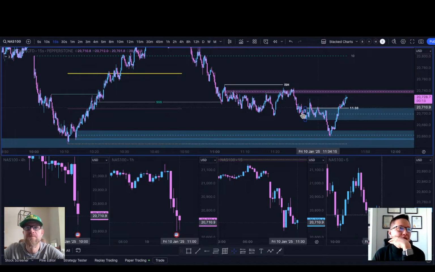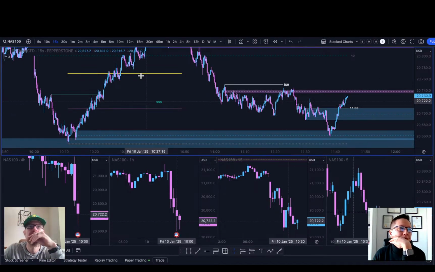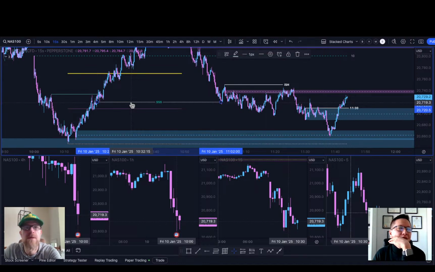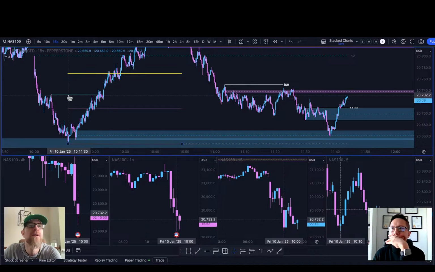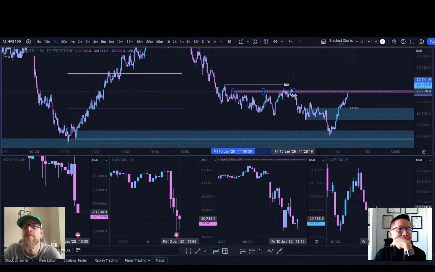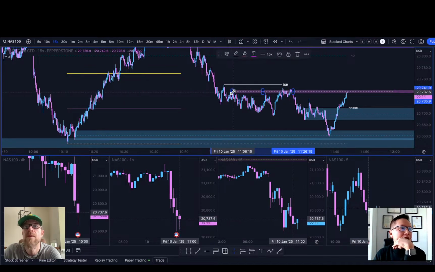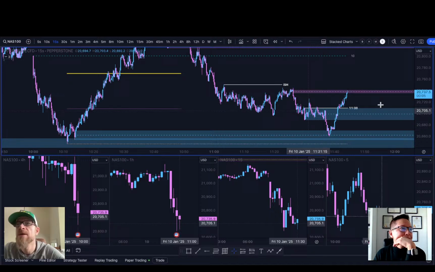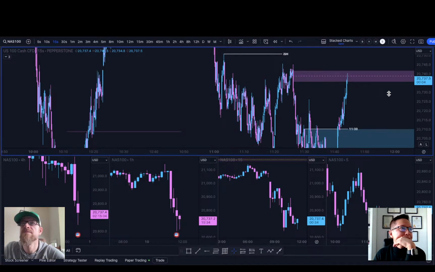Likely. And there's a fair value gap above that as well in the 15. Nice. Yeah, it's really going to target those highs. Those are equal highs. Yeah. This would be our zone, right?